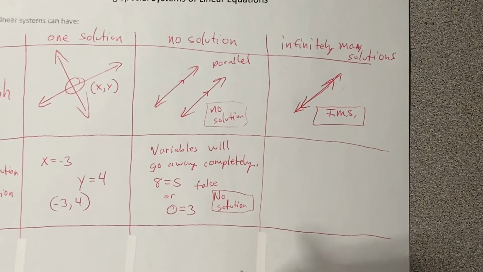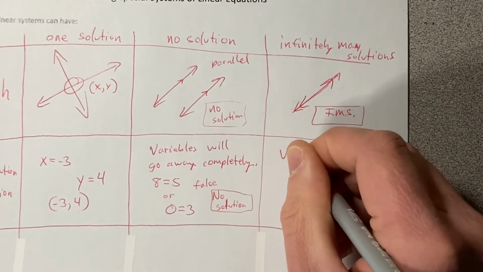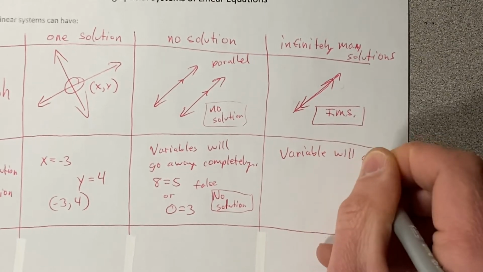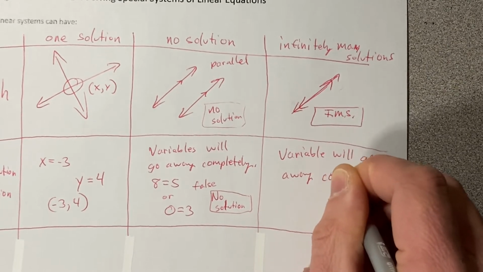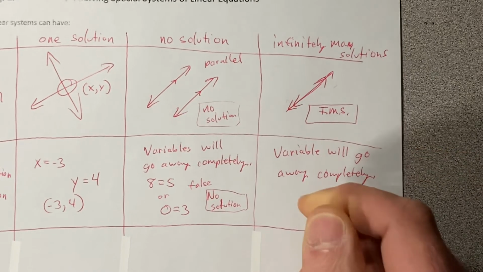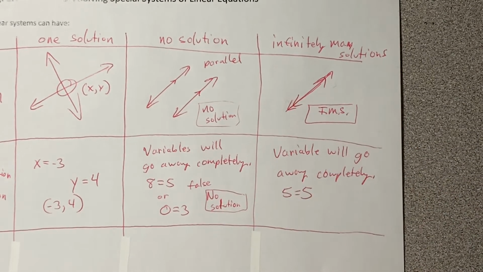And the last option there, infinitely many solutions. Same thing. The variables will go away completely. But this time, you're going to be left with something like 5 = 5.